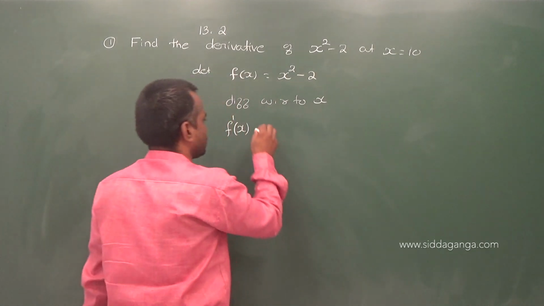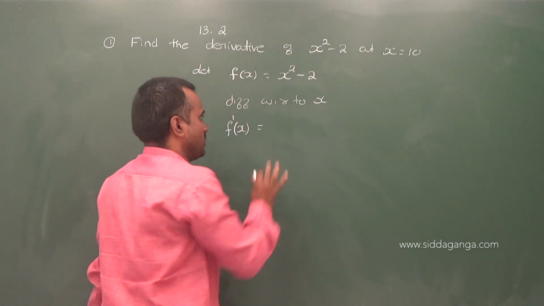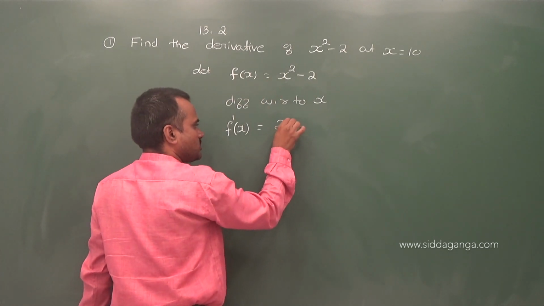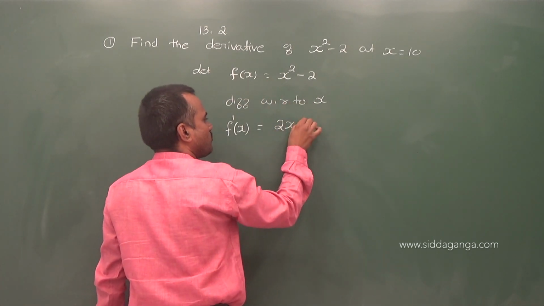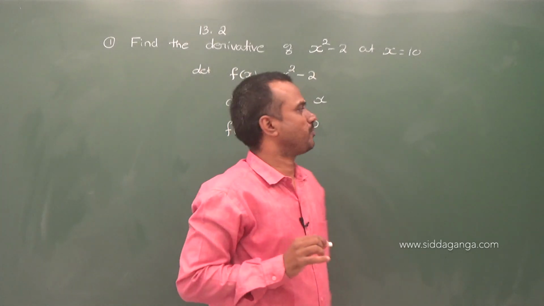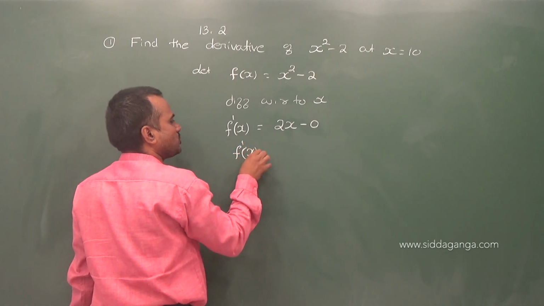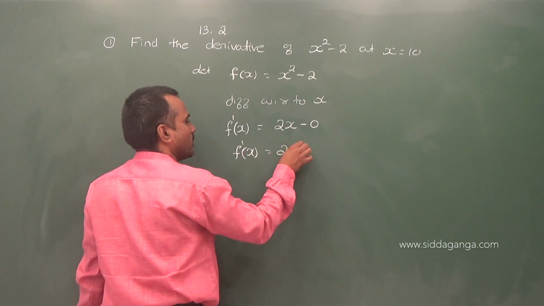This is a difference of two functions. Derivative of x square is 2x. Derivative of minus 2, a constant, is 0.